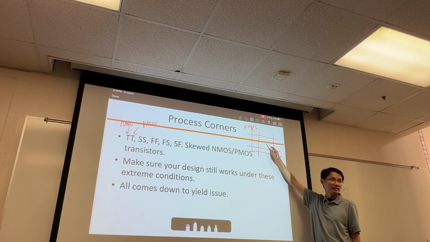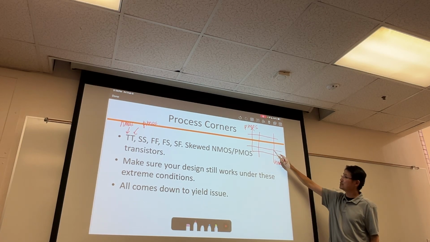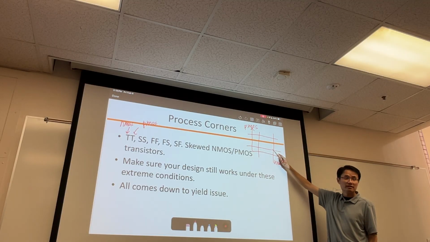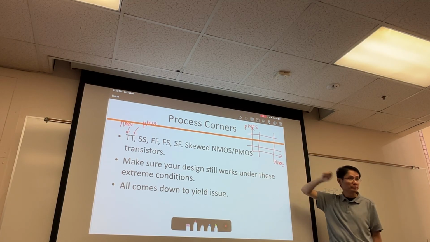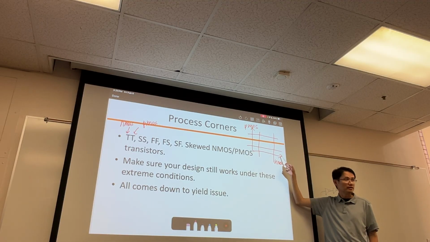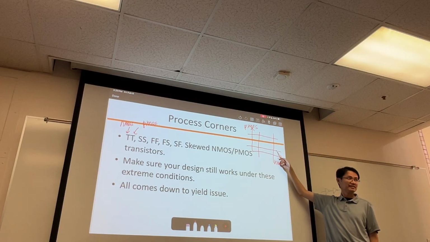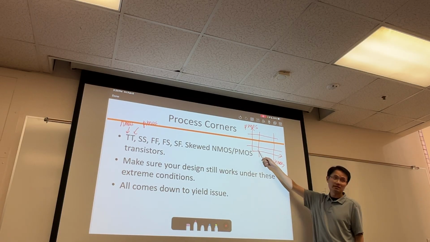Typical. Okay, so what is this corner? This is the high threshold voltage for NMOS and low threshold voltage for PMOS. So this is what corner? SF. You get that? This is the SF. What is this?